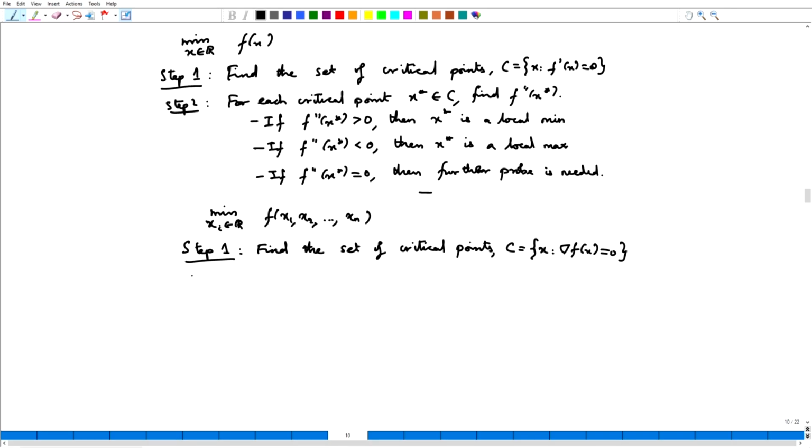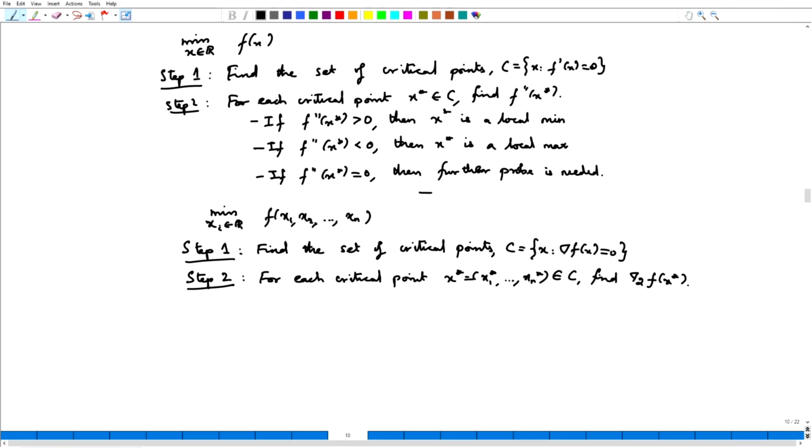And for each critical point, note that x star is a vector, x1 star to xn star, you need to find the Hessian matrix, del 2 f of x star.